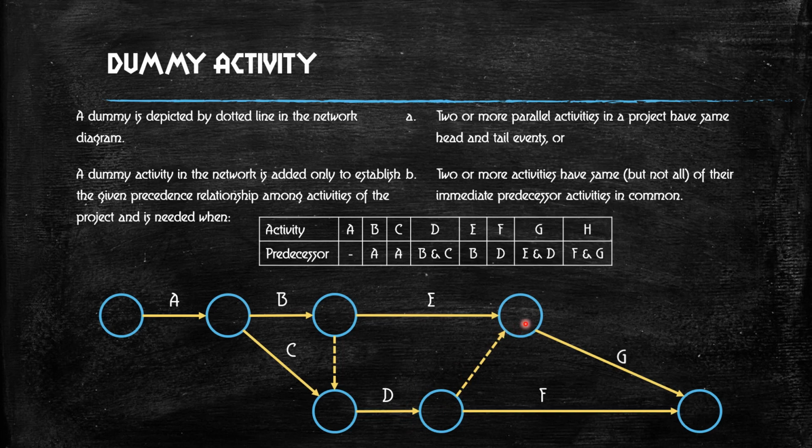It need not wait for the completion of E, whereas G can be started only after the completion of D and E. But in this case, you don't have any controversial entries or any further entries. So you don't need to draw a dummy line from G to F. You can directly connect the G to this circle.